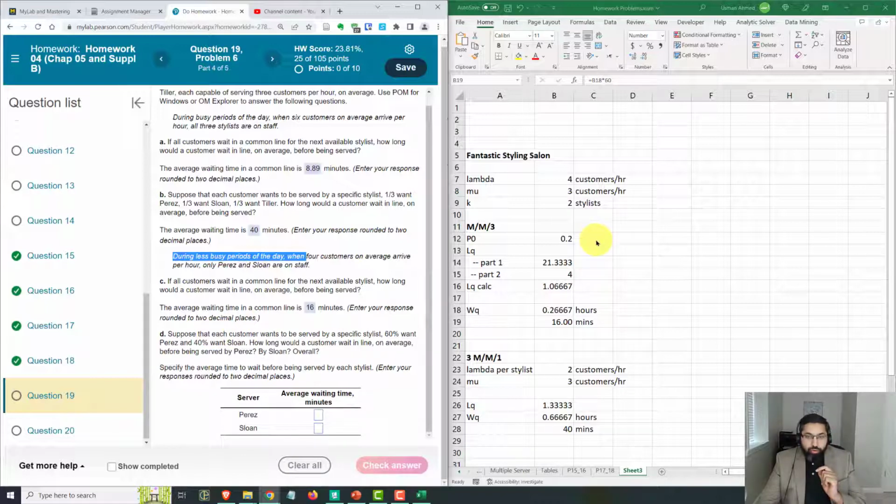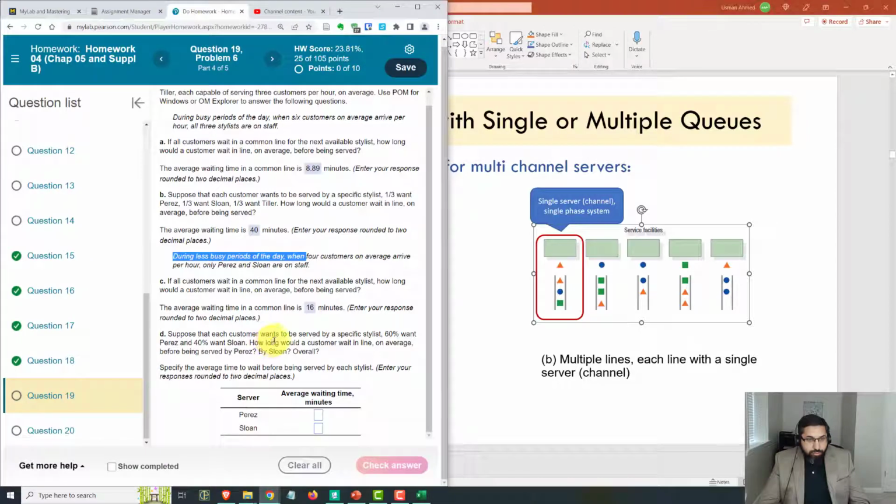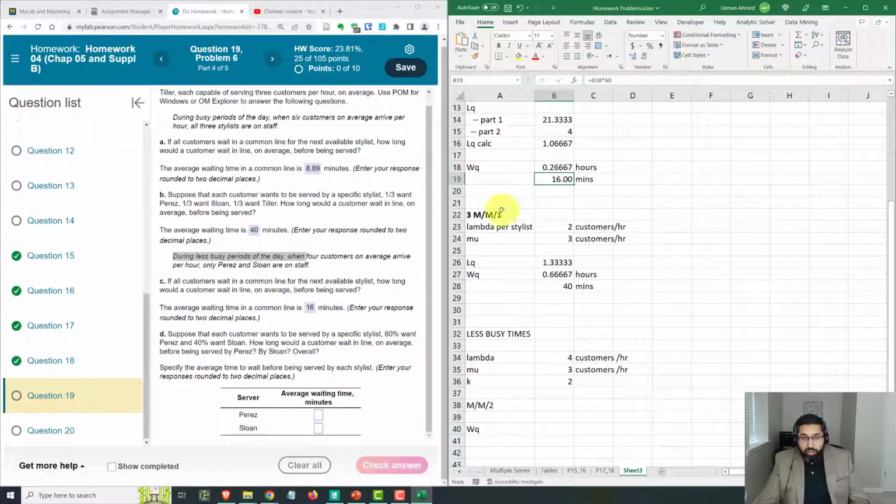So we are going to go into the situation with 2 M/M/1 lines, where Perez has his own line and Sloan has their own line. 60% of customers go to one line, 40% go to the other. For Perez, 60% want Perez. So we are going to do this M/M/1 system.